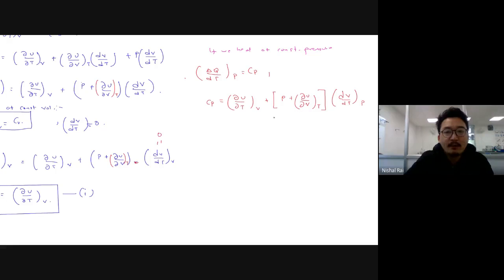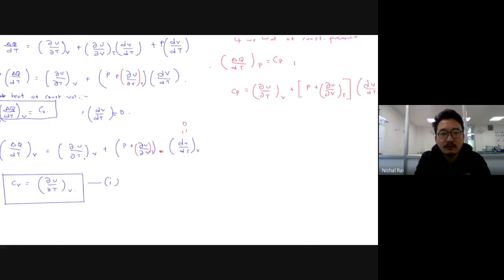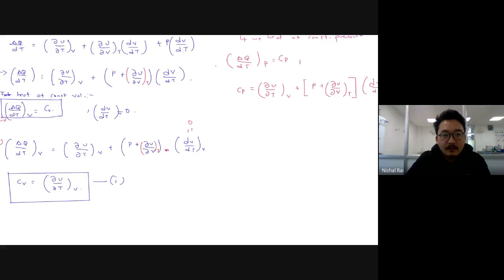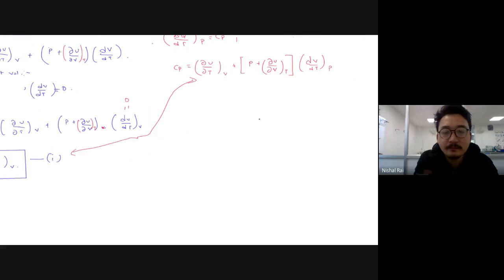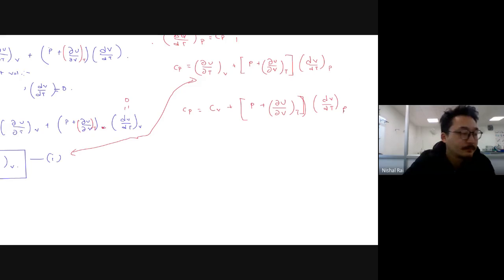Now from here, can we substitute equation 1 over here? I think we can. After substituting, what you'll get: Cp is equal to Cv plus, then you are left with P plus del U by del V at constant temperature and del V by del T at constant pressure.